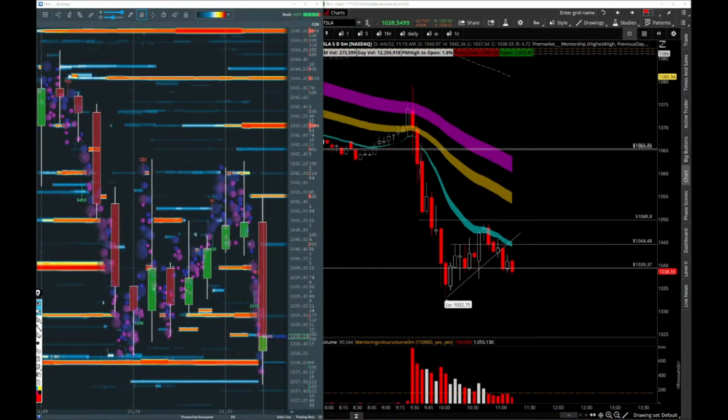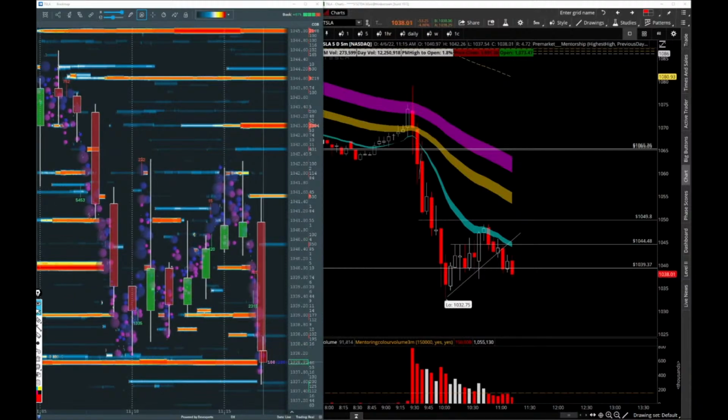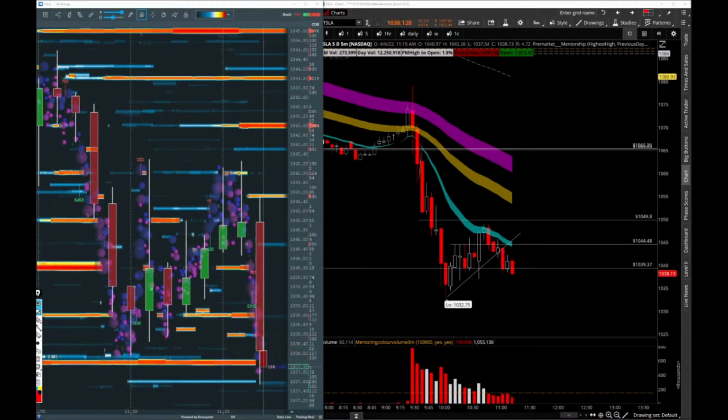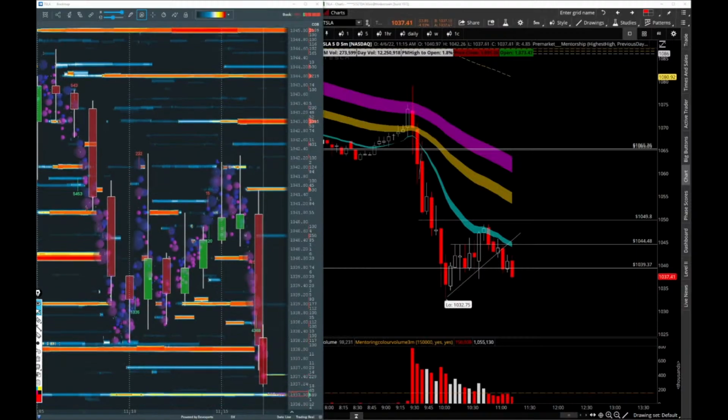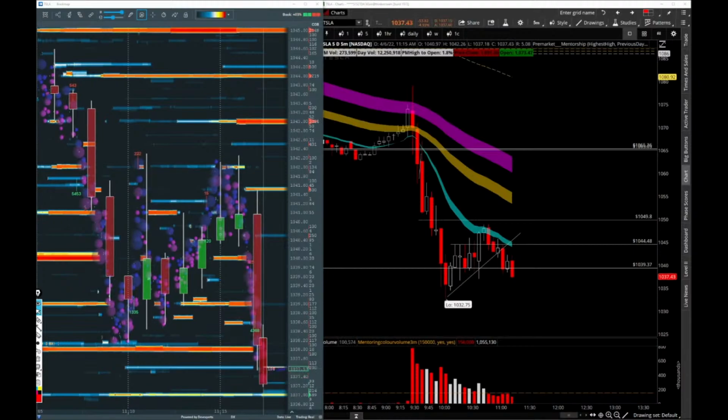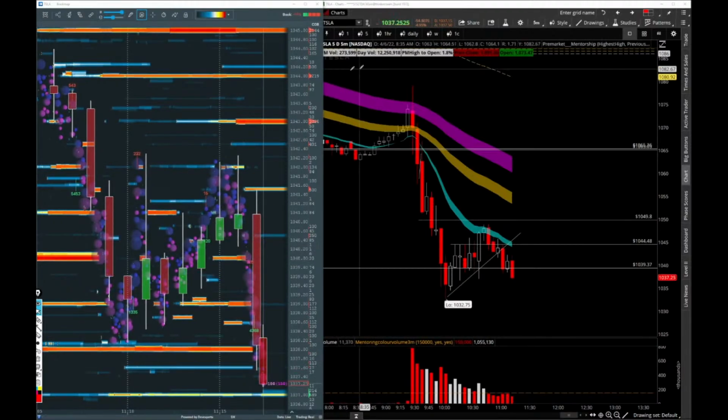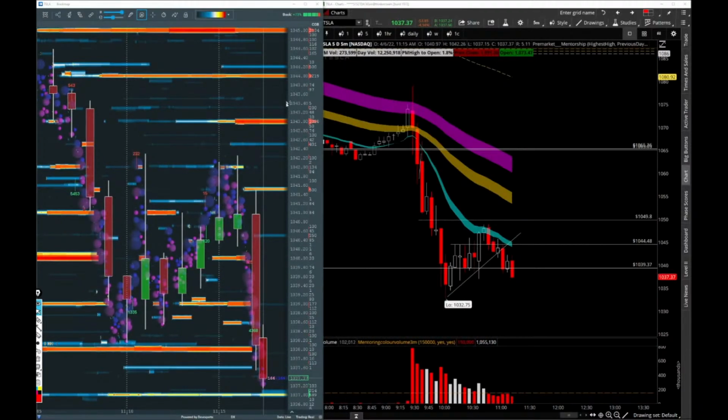New lows over here. There we are, new lows over here. Looking for the 1032. So now it's a bear flag, nice bear flag, sorry.